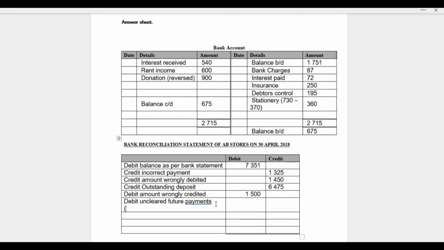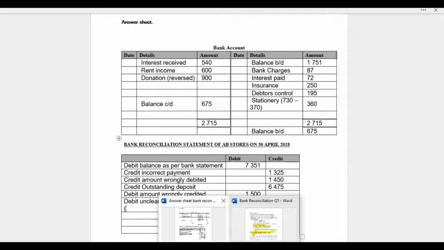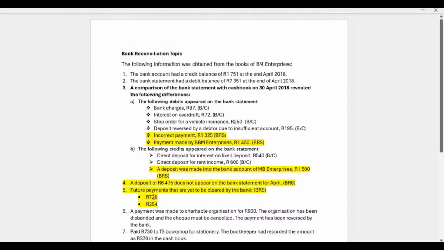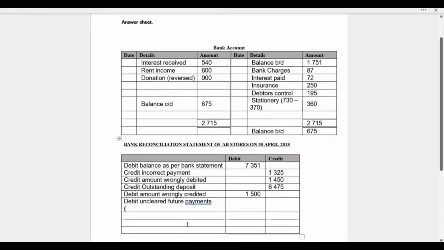How many are there? There were 2 amounts. Let's see. It is 720 and 354. So let's say 720 plus 354.